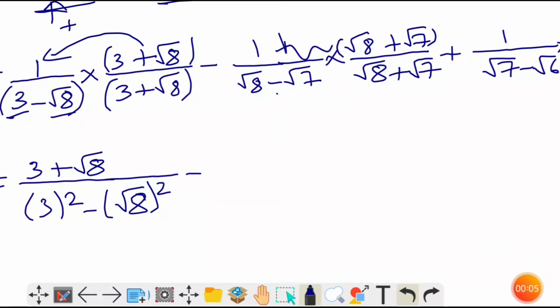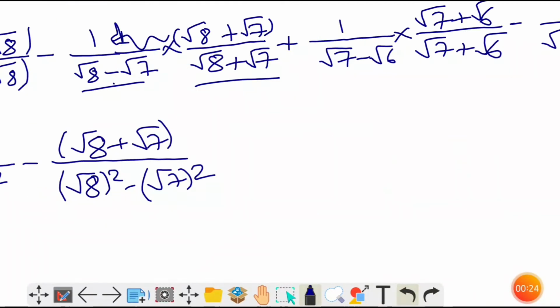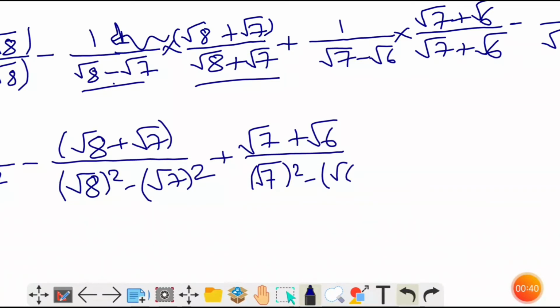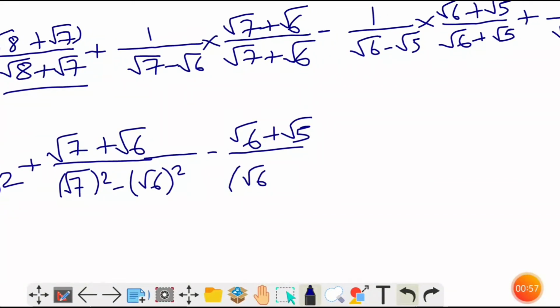minus root 8 plus root 7 into 1 will be root 8 plus root 7, and in the denominator again we have a minus b into a plus b, that is a square minus b square, plus root 7 plus root 6 into 1, that is root 7 plus root 6, and again a square, that is root 7 square minus b square root 6 square, minus root 6 plus root 5 into 1, that is root 6 plus root 5 in the numerator, and in the denominator again we have a square minus b square.